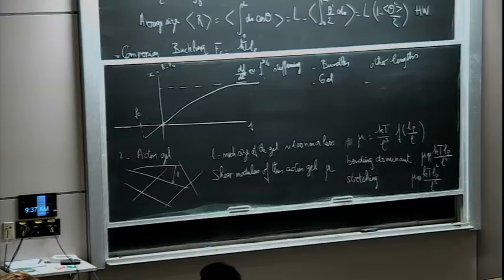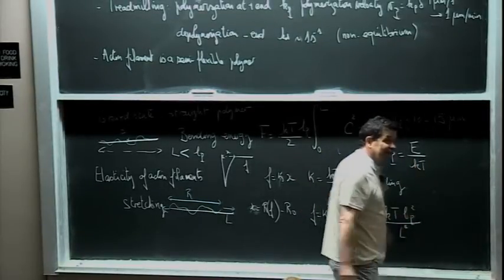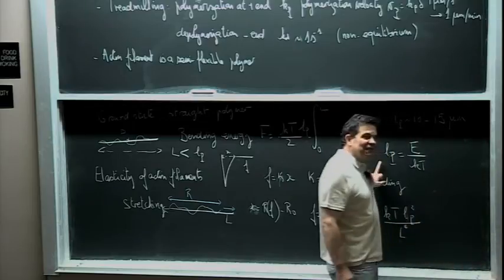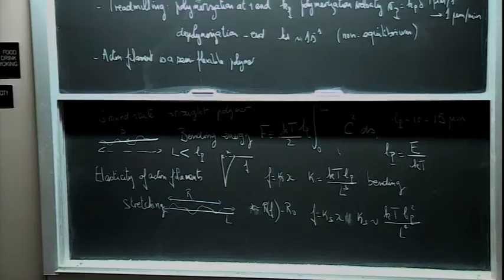Then, when I defined Lp, I put arbitrarily a kT in here. So whatever I do, I should find back the kT here. So it's E over kT. And then I need to have something which is homogeneous to a length. For a single polymer, there are only two lengths, the radius and the total length.